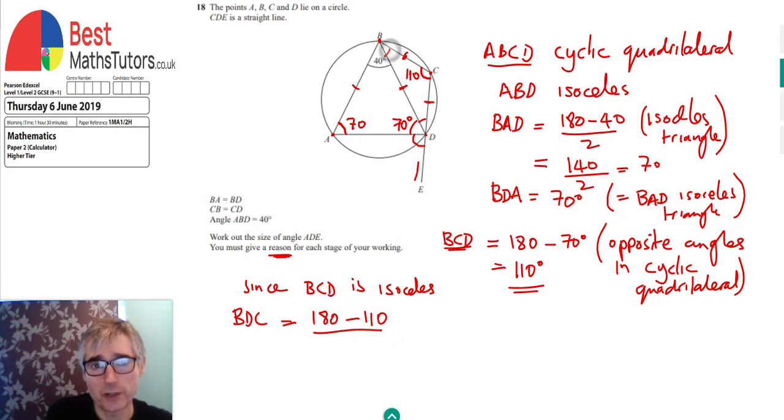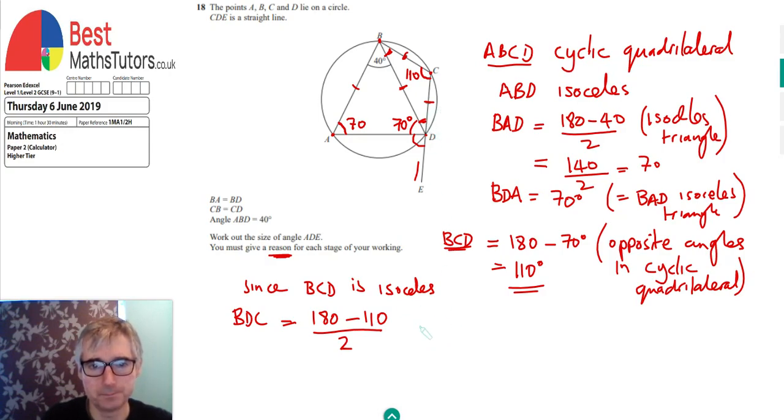I'm dividing by 2 because this angle and this angle are equal to each other. So together they make 180 minus 110, and if I divide it by 2, that gives me what they are worth individually.